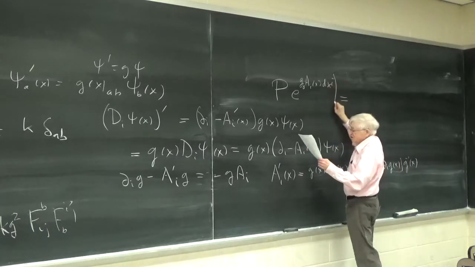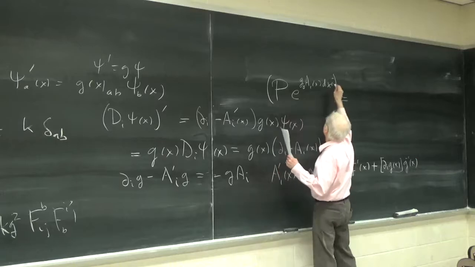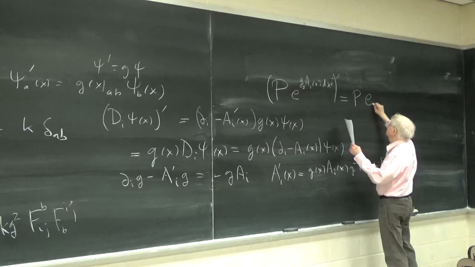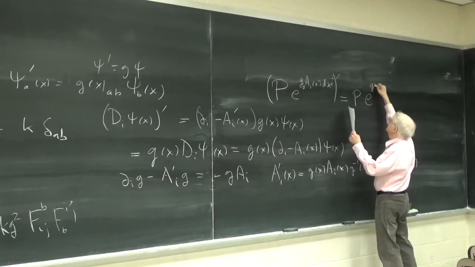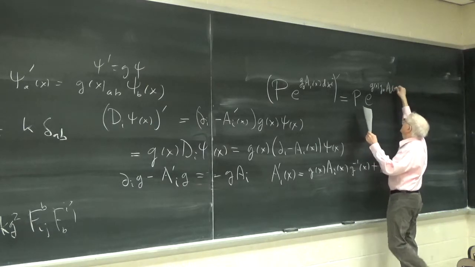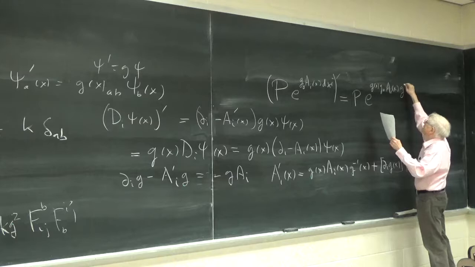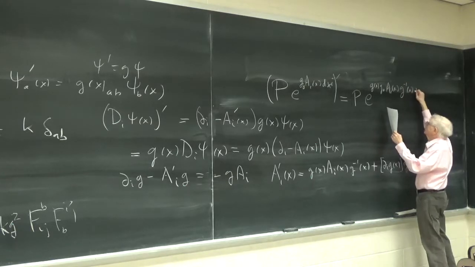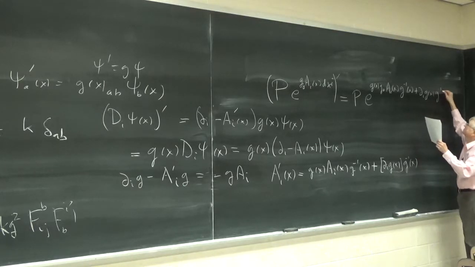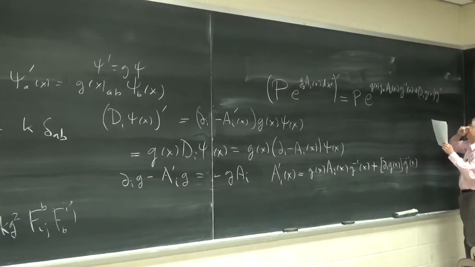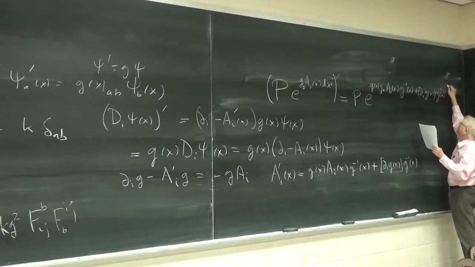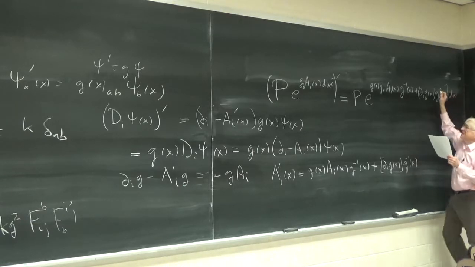And so in particular, this whole thing under a gauge transformation turns into e to the, and now we have g of x, g0 A_i of x, g inverse of x, plus d_i g of x, g inverse of x, and all of that times dx^i.